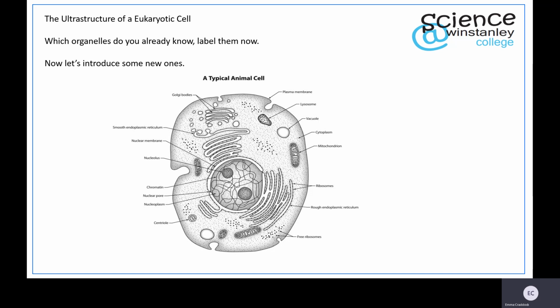You have rough endoplasmic reticulum, which is surrounded by ribosomes, suggesting that the rough endoplasmic reticulum is involved in protein synthesis. You have a centriole, which makes spindle fibers for mitosis and meiosis. You have smooth endoplasmic reticulum, which is involved in lipid synthesis, and your Golgi body, which packages and modifies proteins.